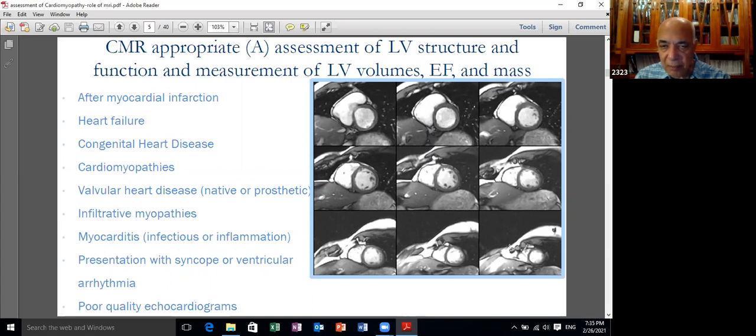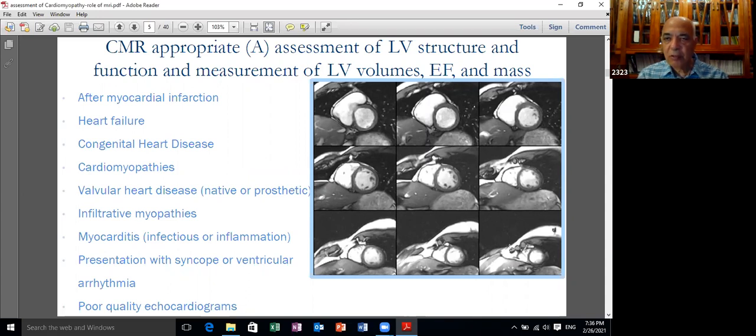And at the same time, using Simpson's formula, we can calculate the volume of each segment and add them together. So there are no geometric assumptions, which introduce error in the calculation of left ventricular function and volume by other measures. So in systole and diastole, from that you can calculate the ejection fraction.